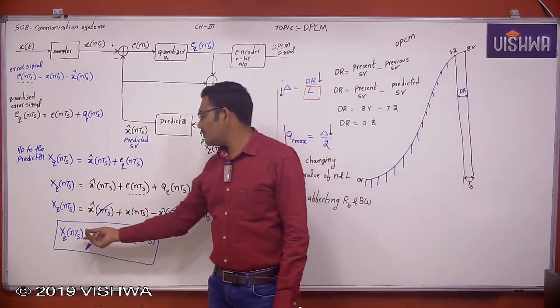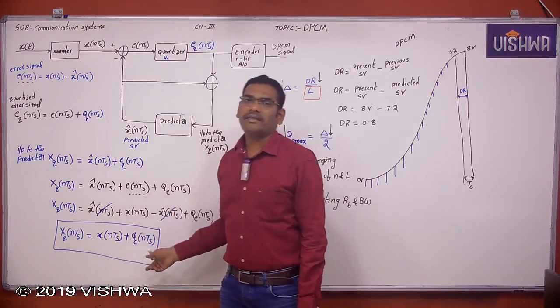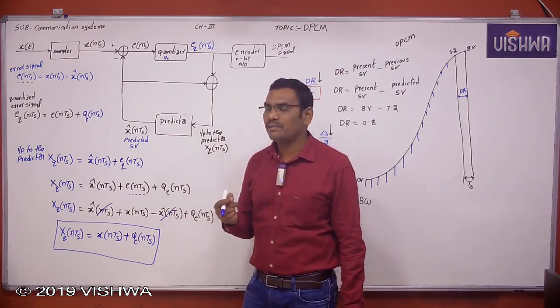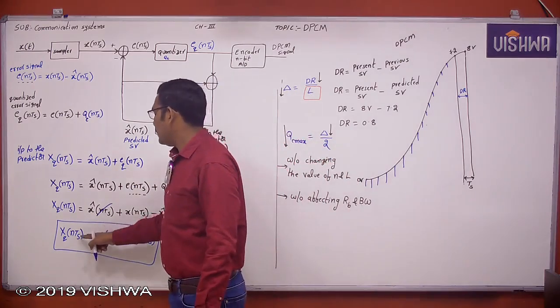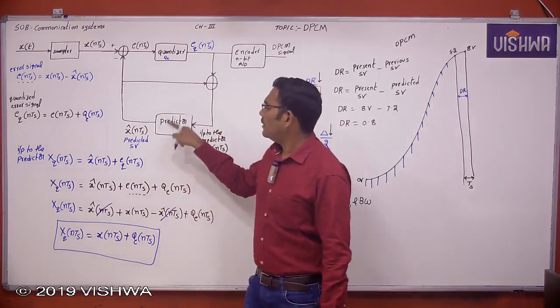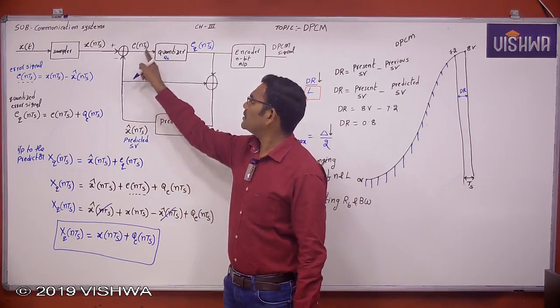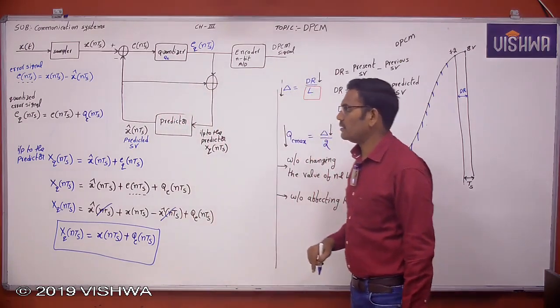So the quantized sample value and the original sample value will be very close when the quantization error is as minimum as possible. Now this is the quantizer output, the input to the predictor. This is going for the predictor. Now this is the predicted sample, and this difference is the quantized error, and this is going for the encoding process.